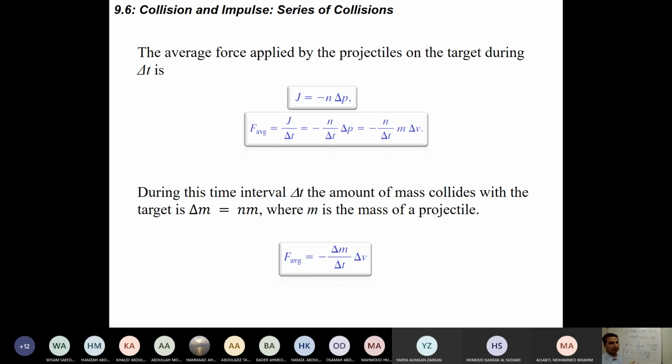So in that scenario, instead of a discrete number, you will be happy to say that out of 1 kilogram of sand, 5 grams or 50 grams just hit the plate. Now 100 grams has hit the plate. You will be happier to explain that situation in terms of the fraction of mass rather than saying grain number 1 changed the momentum by delta P.